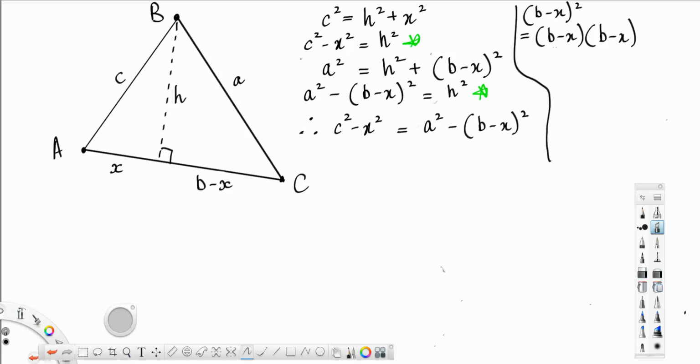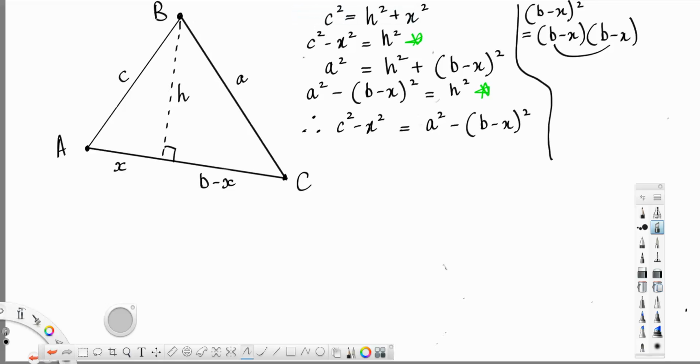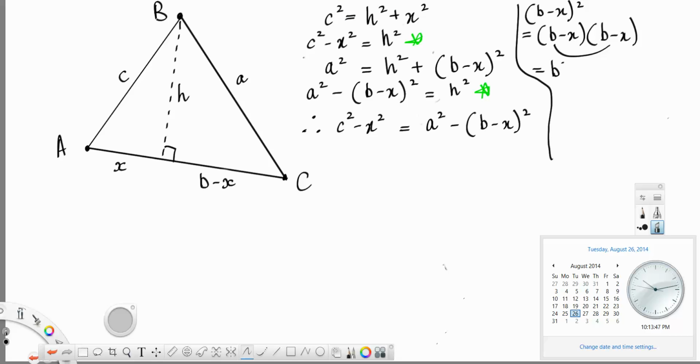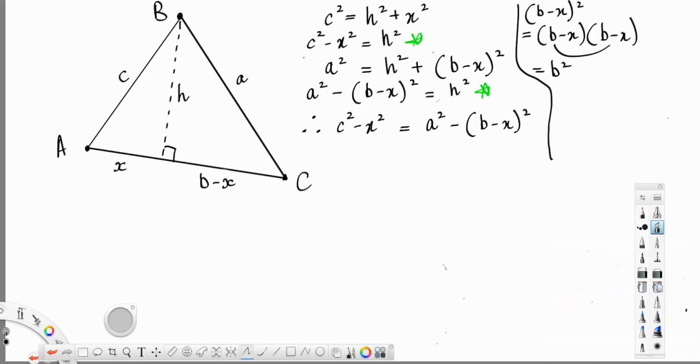Then remember we go b times b, that's b squared. There'll be a b times minus x, so that's minus bx. There's a minus x times b, so minus another bx. And then a minus x times a minus x is a plus x squared.